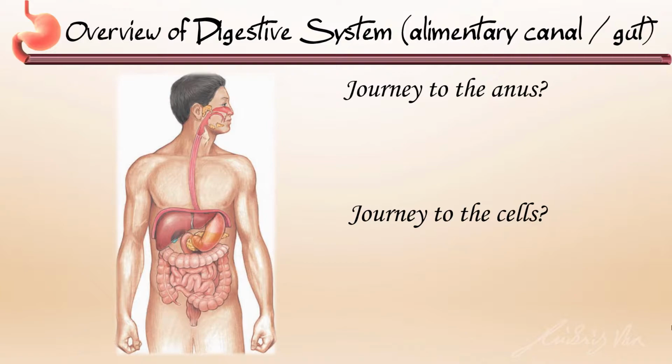Or actually, all of you should be aware there is something that comes out from our anus. So what are the substances that come out from our anus? Is that poop digested material? So let us get to the bottom of this.